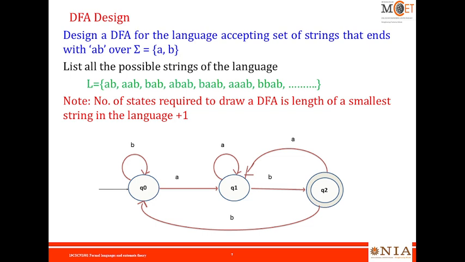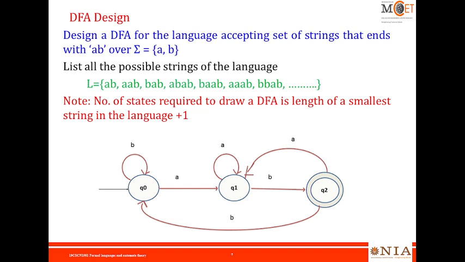After that, we read the given condition: design a DFA for the language accepting the set of strings that ends with AB over {A, B}. So all the strings must end with AB. First draw the DFA for the given condition: δ(Q0, A) = Q1 and δ(Q1, B) = Q2.